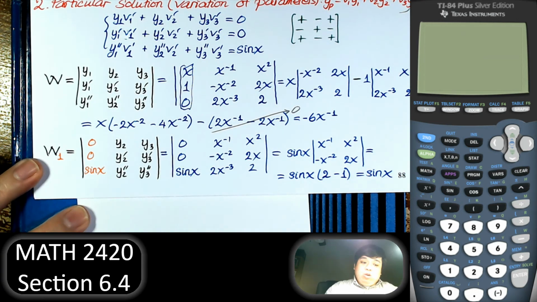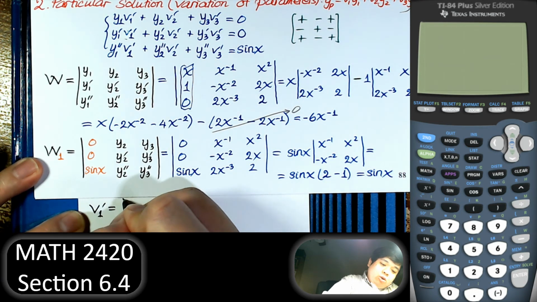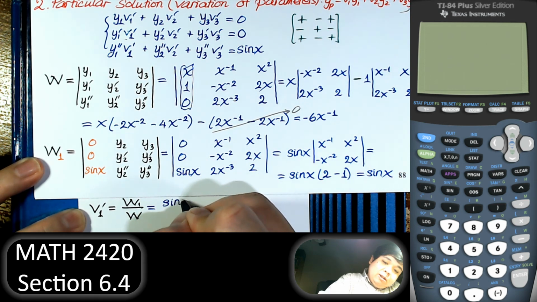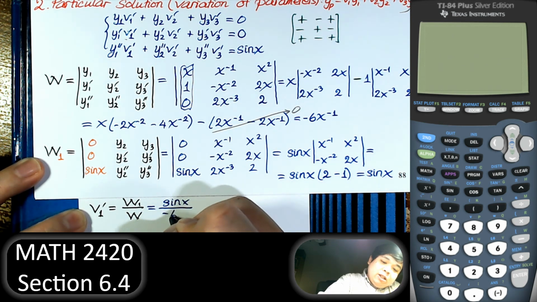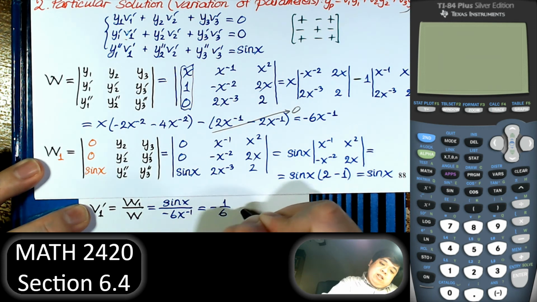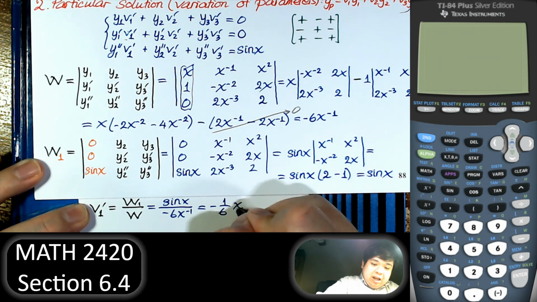If we just want to find v1, v1 prime equals W1 over W. We have sin x over negative 6 x to negative 1, which gives us negative 1 over 6 times x sin x, since x to negative 1 moves from the bottom to the top.